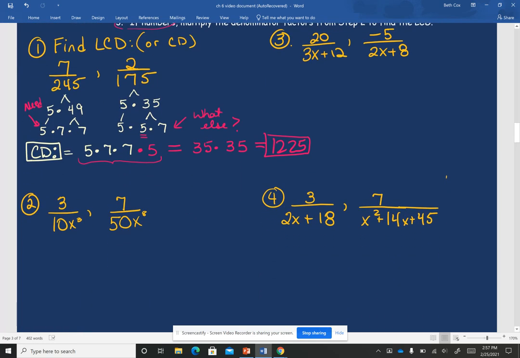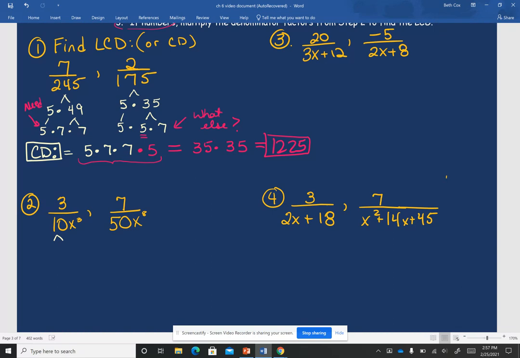Number 2, we've got 10x to the third and 50x to the 8th. Okay, so 10 is 2 times 5, right? But do I need to do that to get the common denominator of 10 and 50?